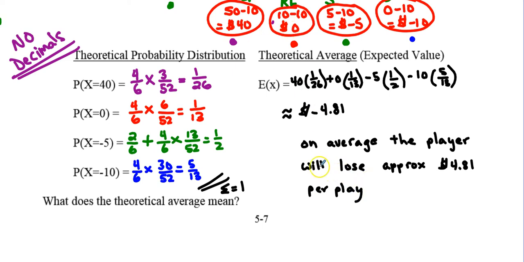So again, the four things we want to see is it's an average, the fact that it's from the player's point of view, how much will be won or lost, and it's lose in this case because it's negative, and you have to say per play.